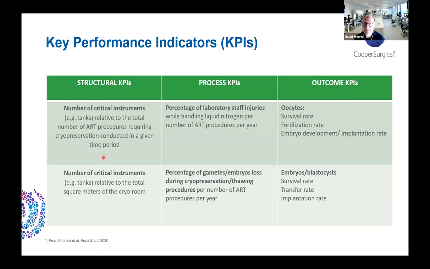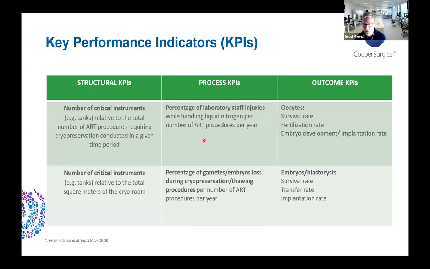So have you got enough room in your cryo storage tanks? Do you have enough equipment? Do you have enough incubator space? And then also process KPIs, where you're looking at things like how often do staff members report injuries, or perhaps reporting ill, or how many times you get returned embryos at transfer, things like that that don't necessarily appear in your outcome KPIs.